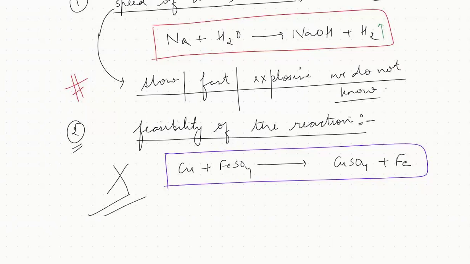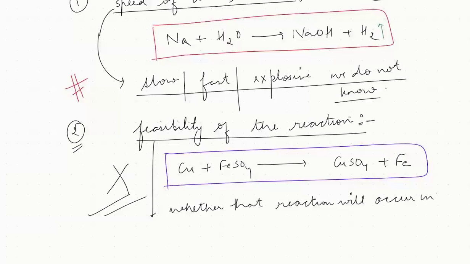So feasibility would mean whether that reaction shall originally, or in real times, actually take place or not. Whether that reaction will occur in reality or not. So this is basically the feasibility of the reaction.